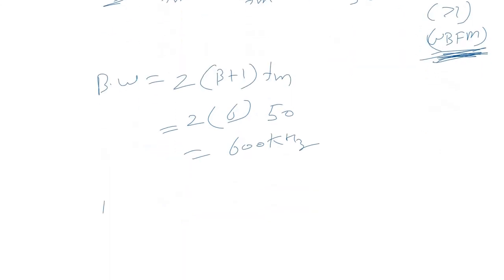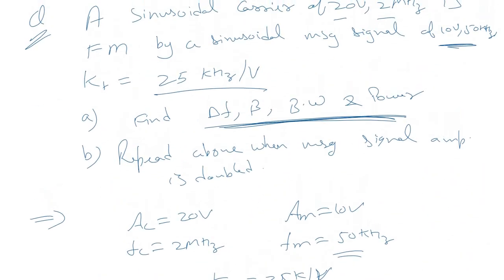Total power in case of a wideband signal is AC square by 2, that is 400 by 2, which is 200 watts. So we've done the first part, we've derived all the important parameters that were asked.